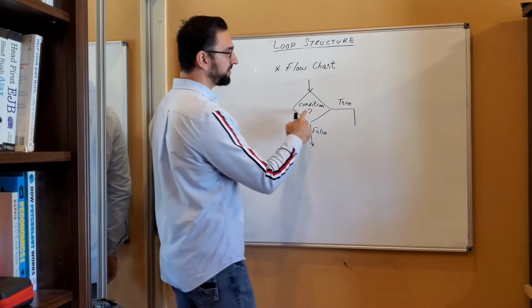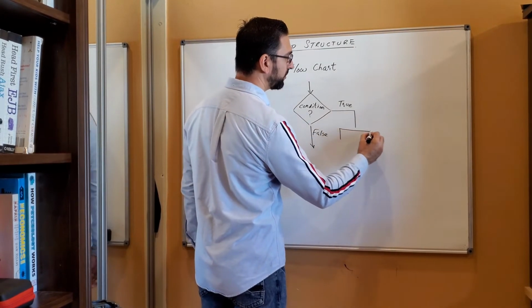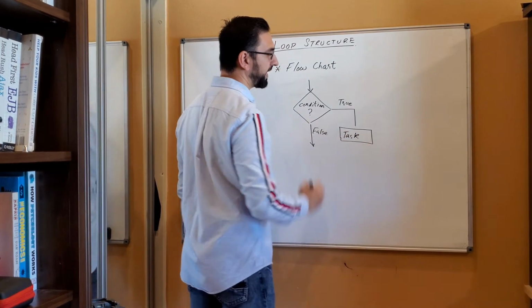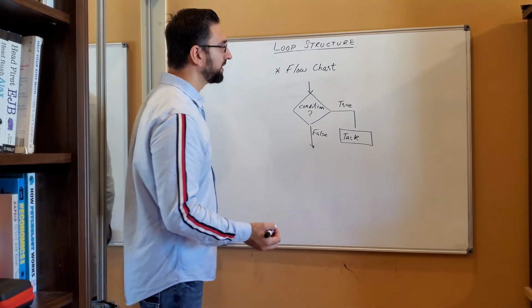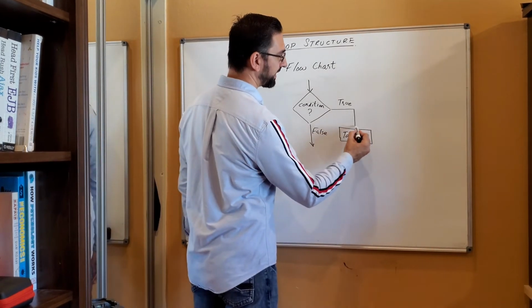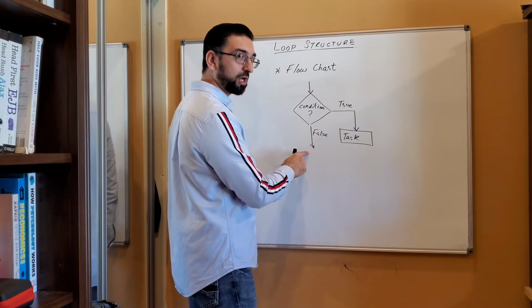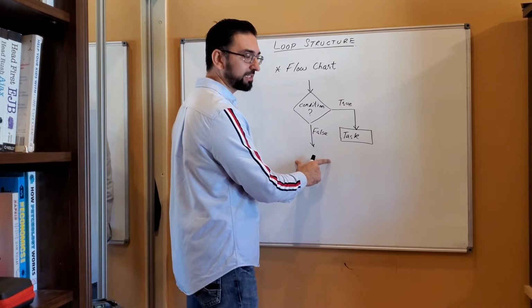When the condition is true, you have a task that you need to perform repetitively, so this task is performed. But when the condition is false, it just goes out of the loop and the task is not executed.